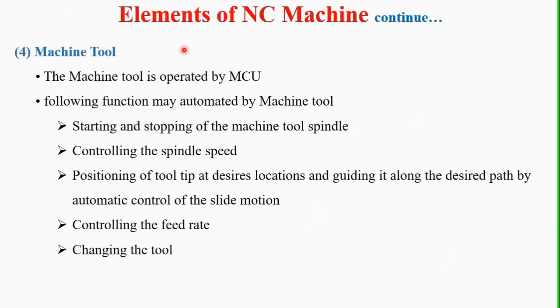Now the next basic component of this NC system is the machine tool. In the most common example of an NC system, one designed to perform machining operations, the machine tool consists of the work table and spindle as well as the motors and controls necessary.